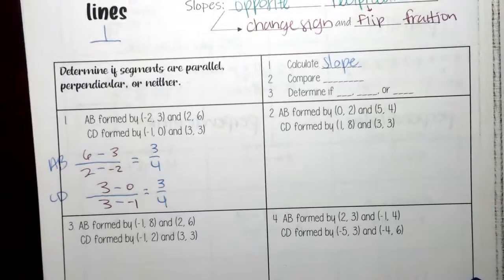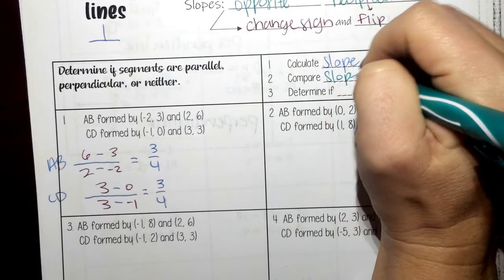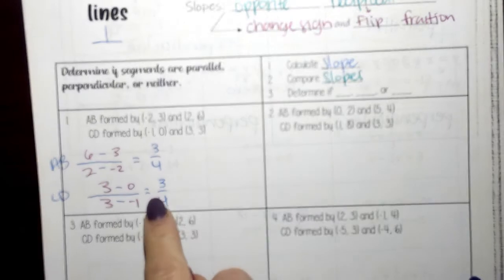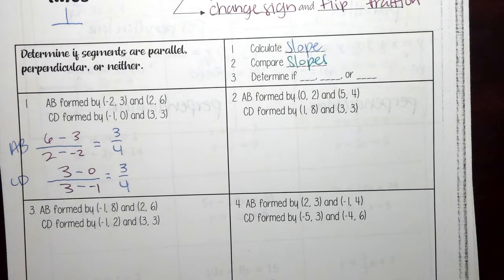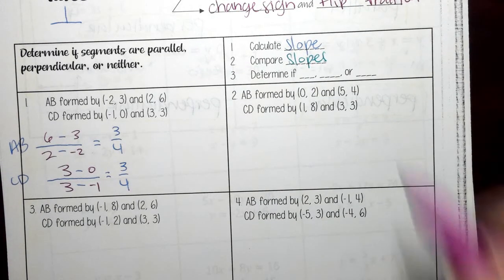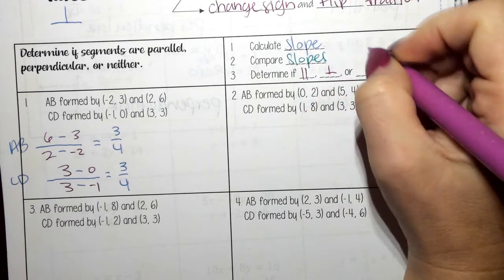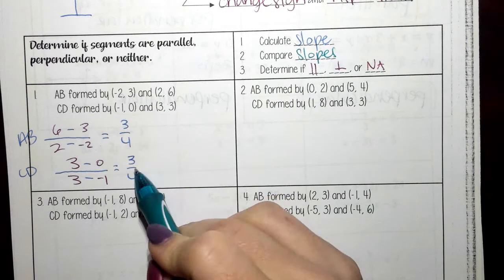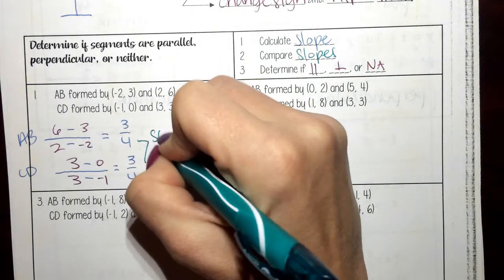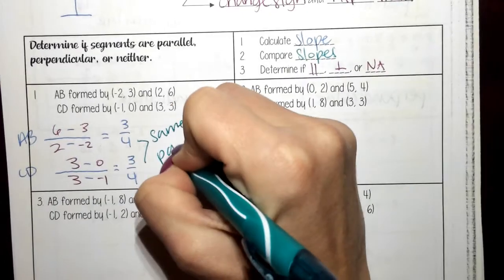Now we can compare our slopes. These numbers are the exact same. So then we can determine if they are parallel, perpendicular, or neither. Since they are the exact same, they are parallel.